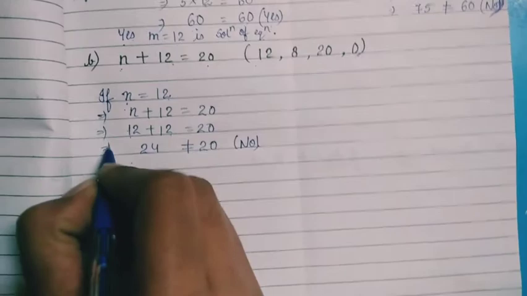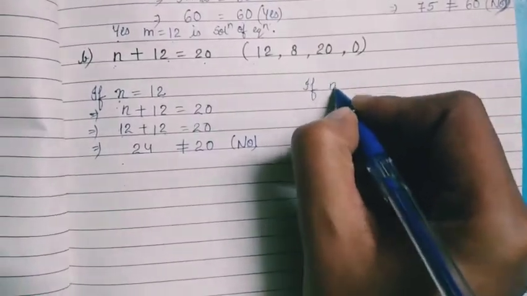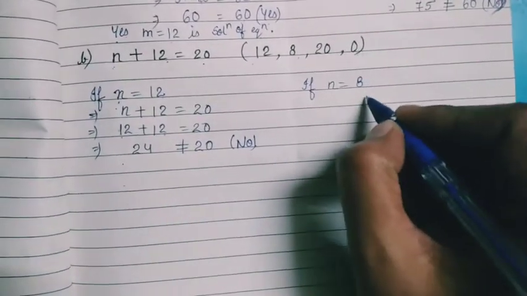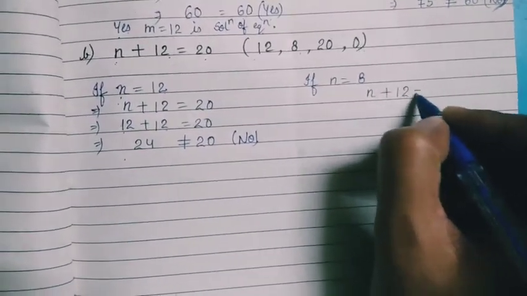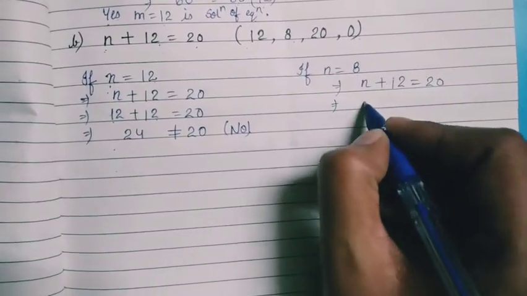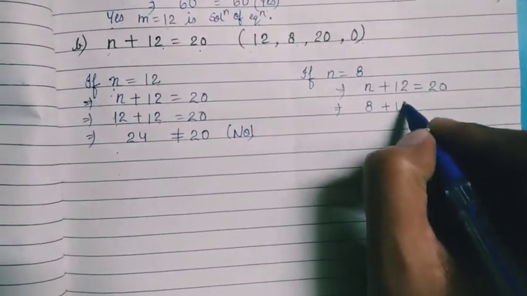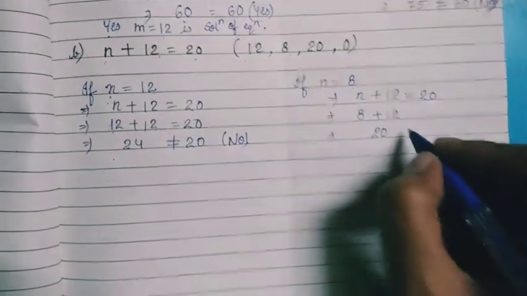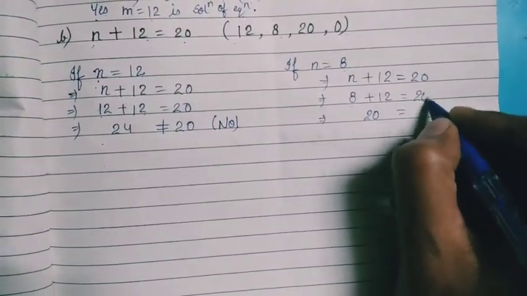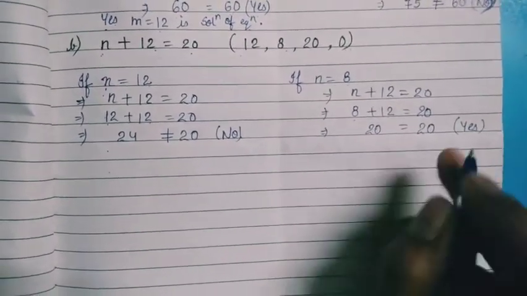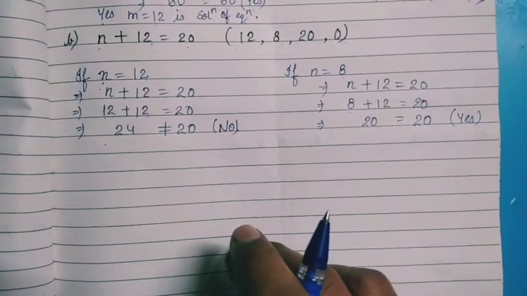Now the second one is if n is equal to 8. In place of n we will put 8, and 8 plus 12 is 20. 20 is exactly equal to the right side value. It means yes, this is the solution of the equation.